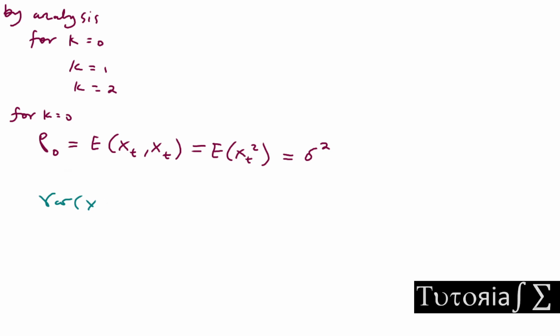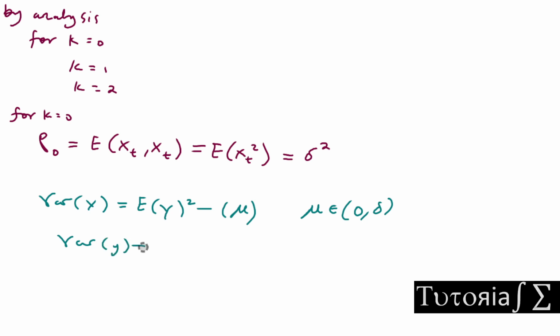For some variable y, the variance of y is the expectation of y squared minus the mean of y, squared. Now the mean of y, which is a white noise, is just equal to 0. So if the mean of y is 0, then the variance of y is just equal to the expectation of y squared.